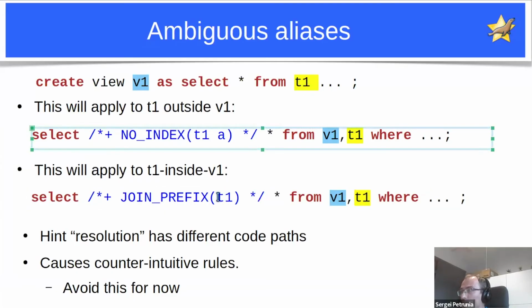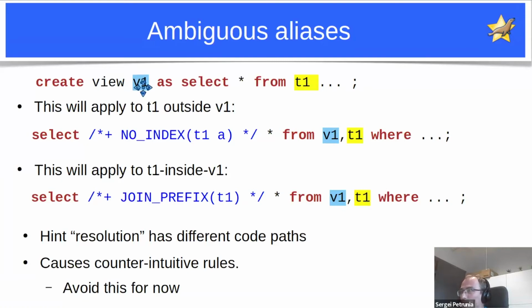This hint will apply to table t1 that is inside the v1. This is an artifact of how hint resolution is done. MariaDB here follows MySQL, so we get bug-for-bug compatibility here, and there are some counterintuitive rules.